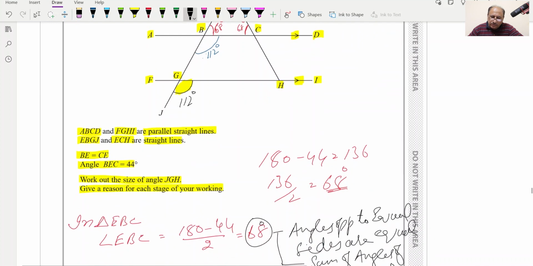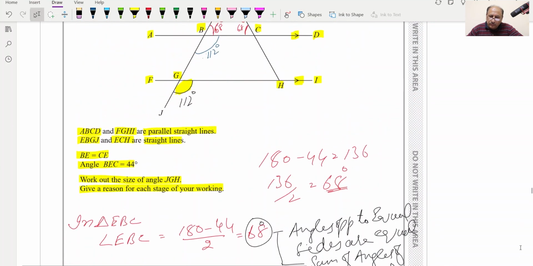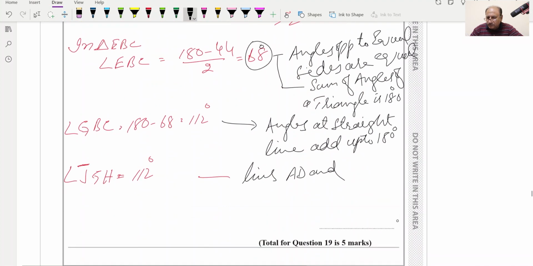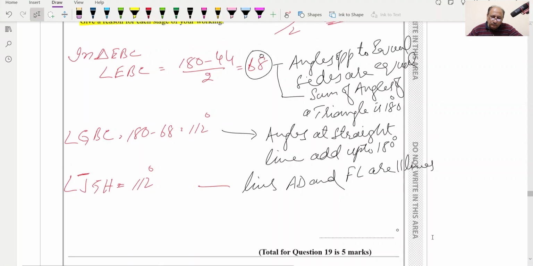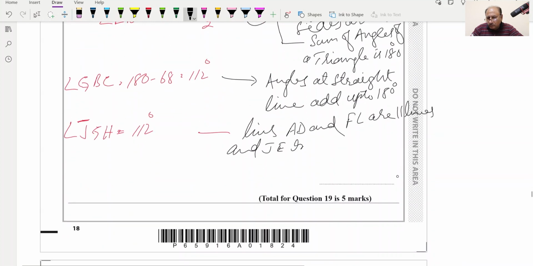So angle JGH is equal to 112 degrees, because AD and FL are parallel lines, and JE intersects those lines.